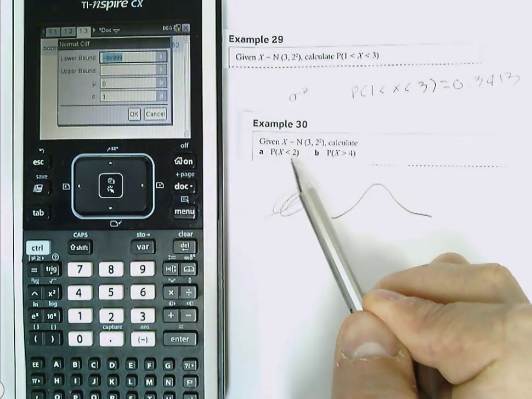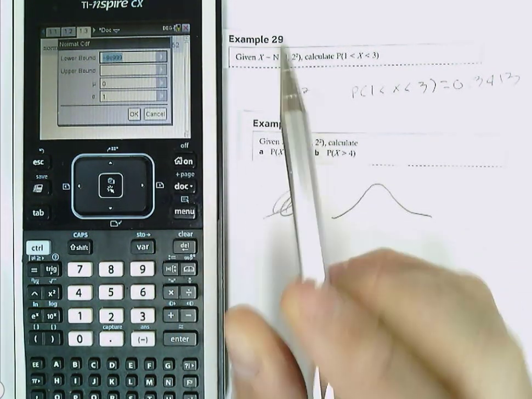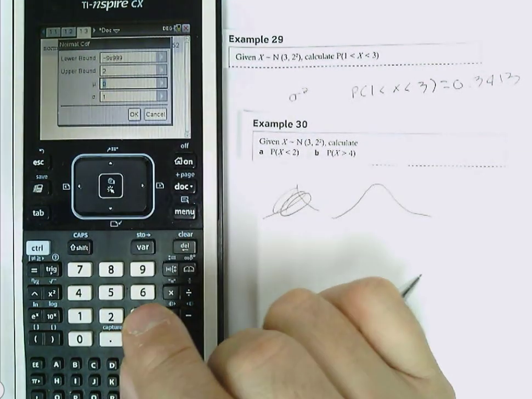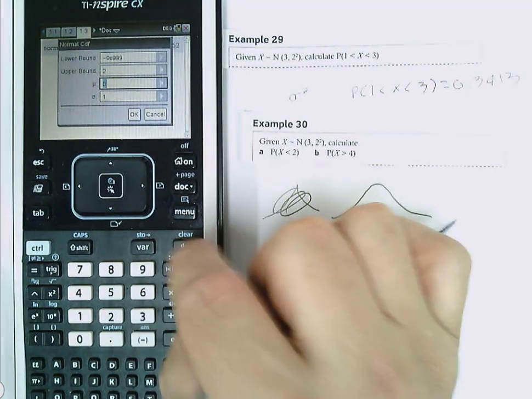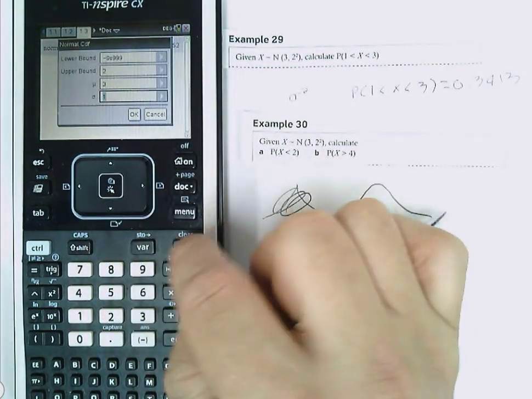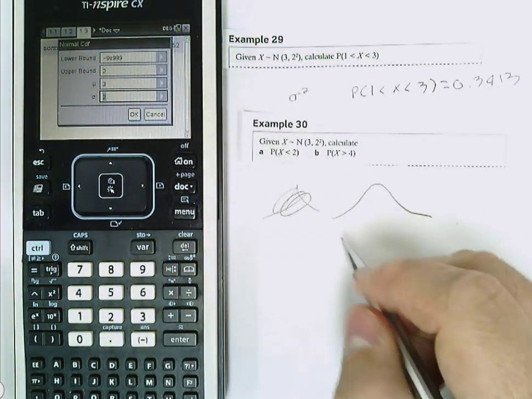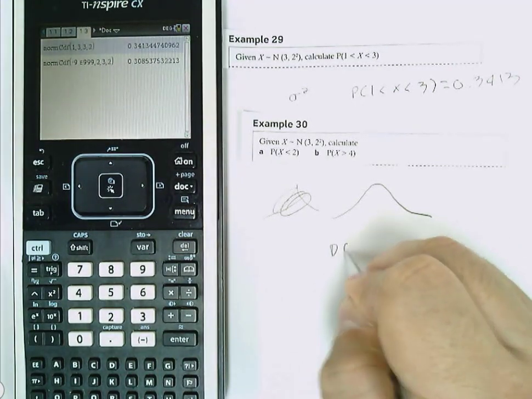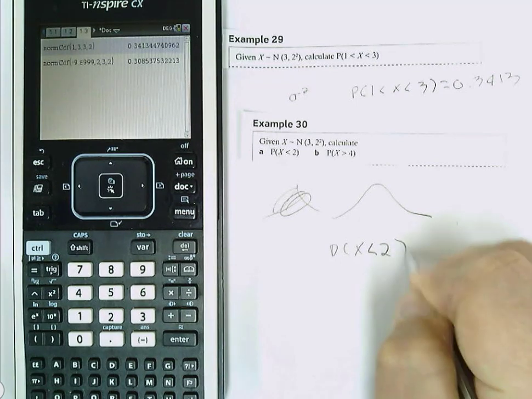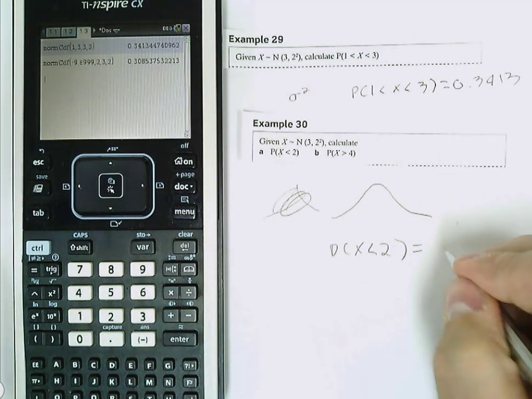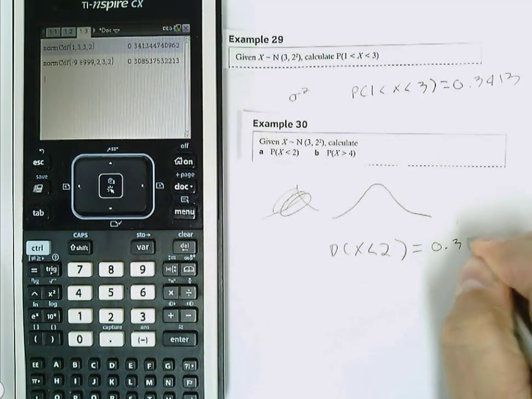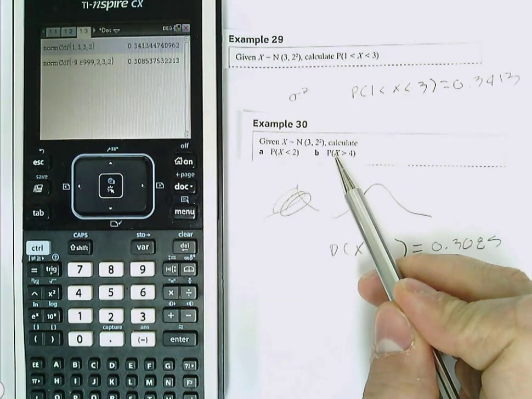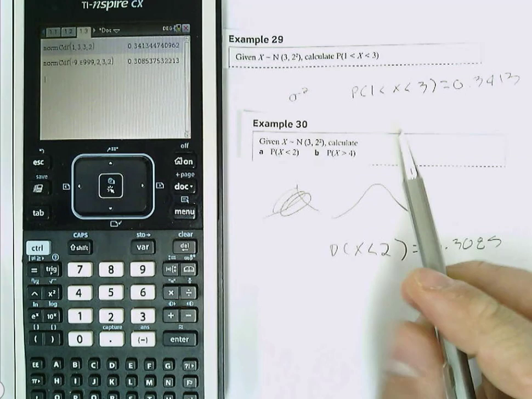My upper bound is going to stop at 2, my mean was 3, and my standard deviation was 2. So my probability that x is less than 2 is going to be 0.3085 approximately.